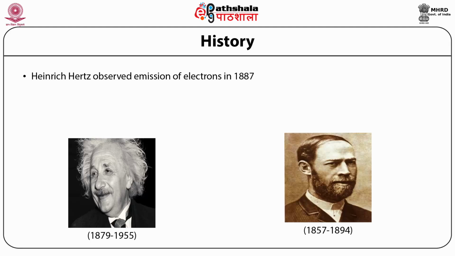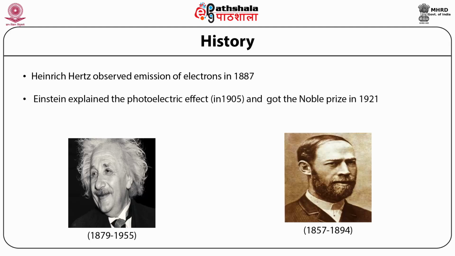After 18 years, in 1905, Einstein explained the photoelectric effect and proposed that a beam of light is not a wave which propagates through space. Rather, it is a collection of discrete wave packets called photons. Einstein got the Nobel Prize in 1921 for his discovery of the law of the photoelectric effect.